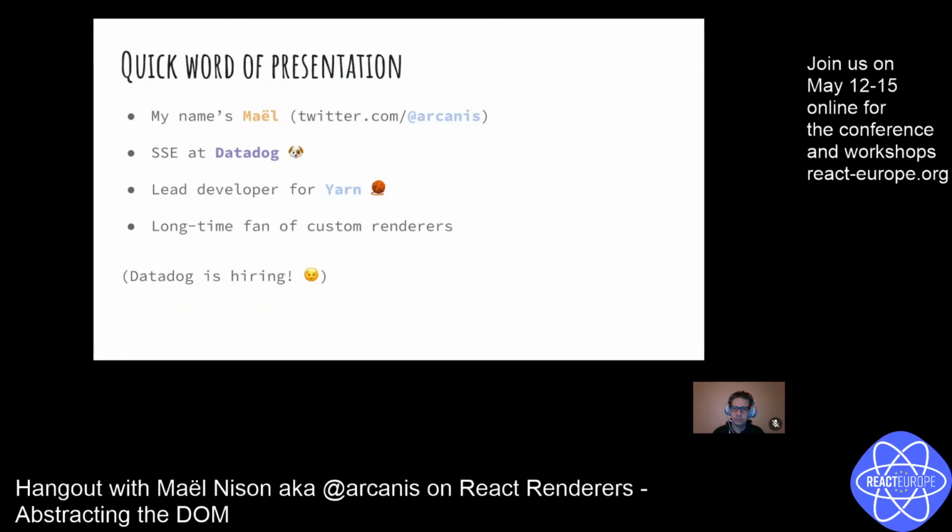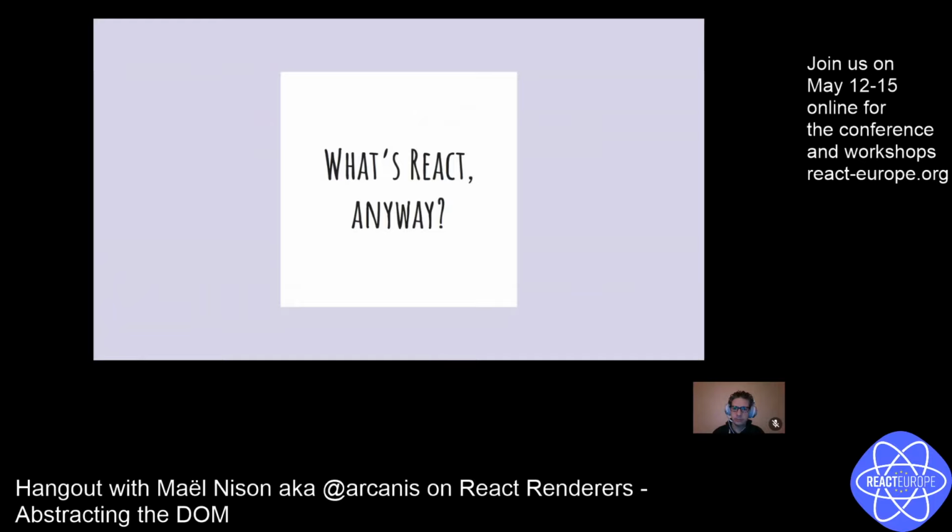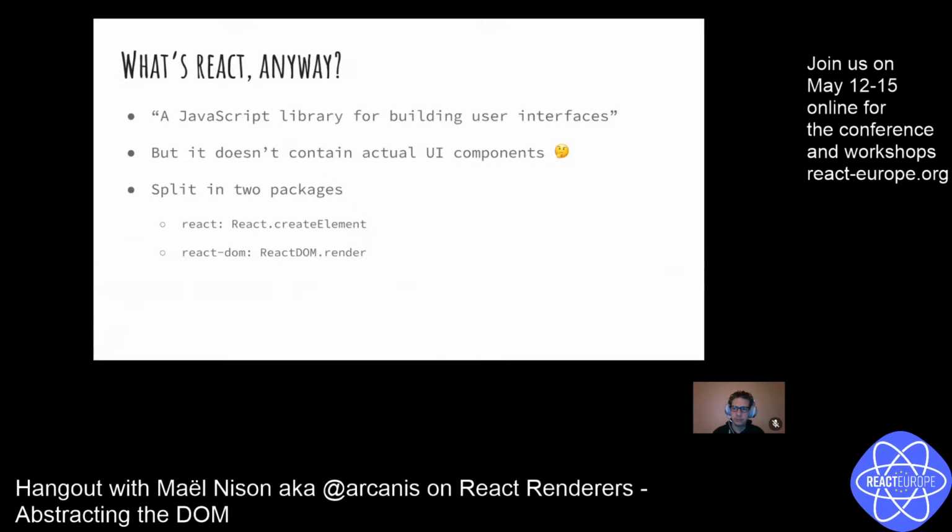So first, we need to discuss a bit about what React actually is. We all use it, but how does it work exactly? If you go on the React website, the sentence they use to describe React is a JavaScript library for building user interfaces. But even if it's a user interface library, it doesn't actually contain UI components.